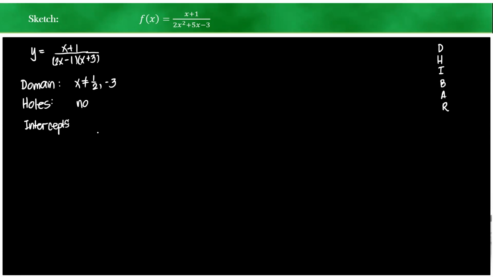And as I said before, there are two types of intercept. What you call the x-intercept happens when y is 0, and the y-intercept. When does the y-intercept happen? When x equals 0. So when y equals 0, 0 is x plus 1 all over 2x minus 1, x plus 3.